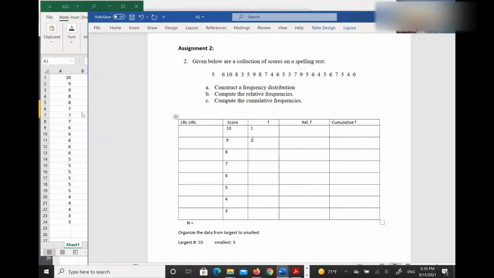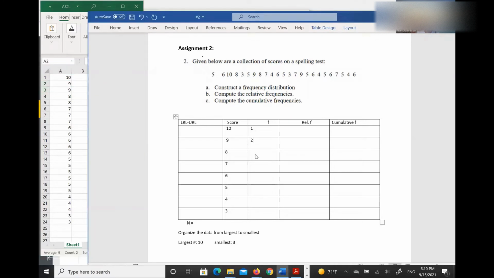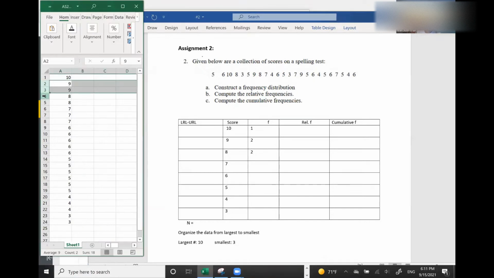Here you can see that we have 9 two times, so the frequency of 9 is 2. What is the frequency of 8, everyone? 2 as well, right? Good. If you look at number 8, there are 2 of them, it appears twice. That means the frequency is 2.